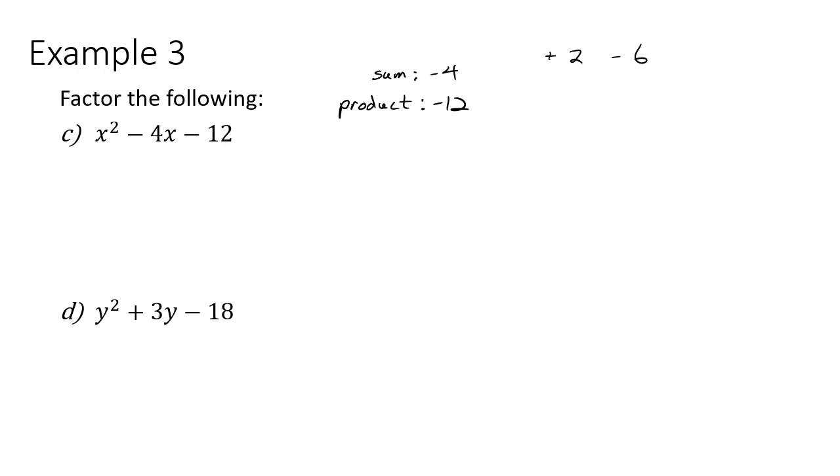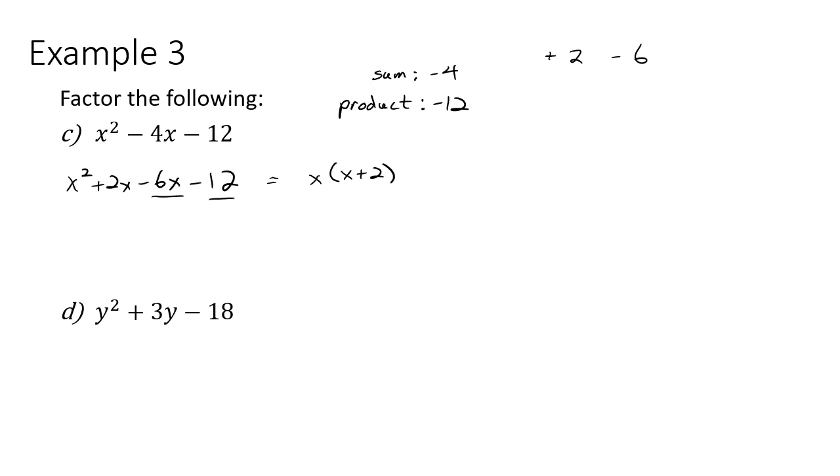So I'm gonna break it up. So we've got x squared. This is now going to be a plus 2x minus 6x minus 12. Then if we do the factoring by grouping like before, all we've got in common between the first two terms is x. So if we pull that out, we're left with x plus 2.